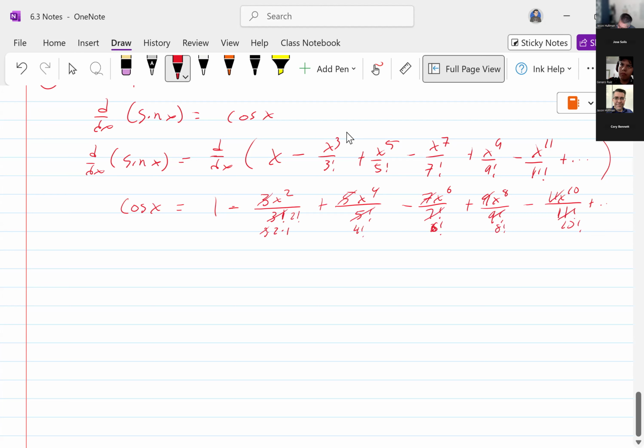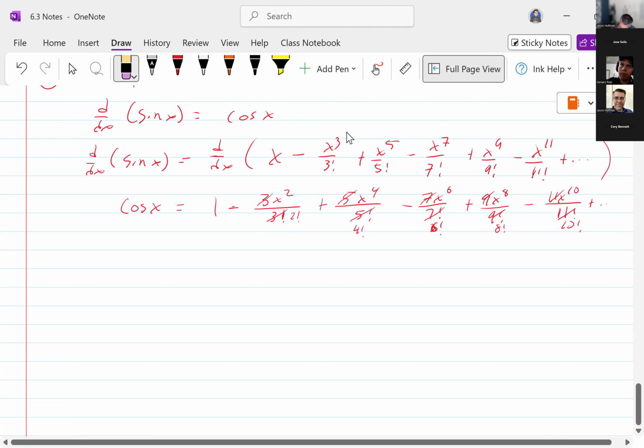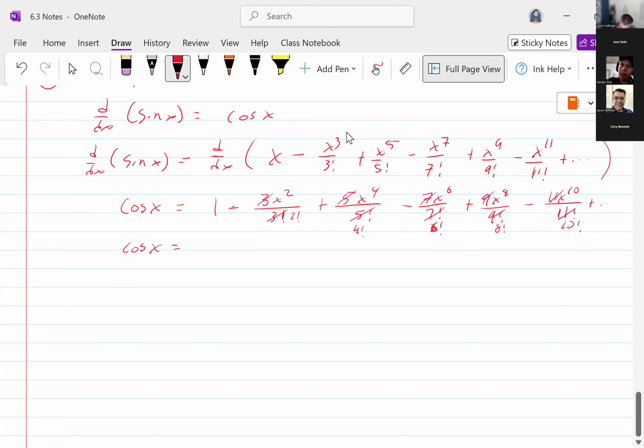And so when it's all said and done, the cosine of x is equal to 1 minus x squared over 2 factorial plus x to the 4th over 4 factorial minus x to the 6th over 6 factorial plus x to the 8th over 8 factorial minus x to the 10th over 10 factorial plus ... These are the evens.